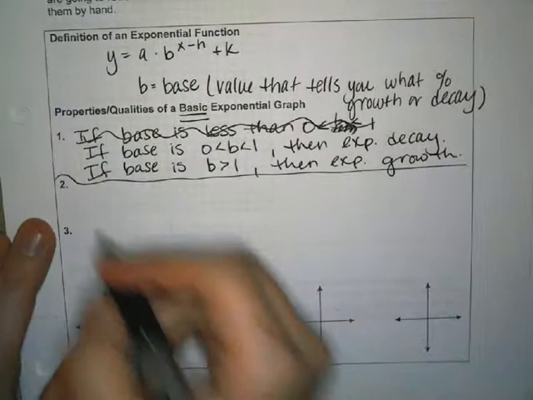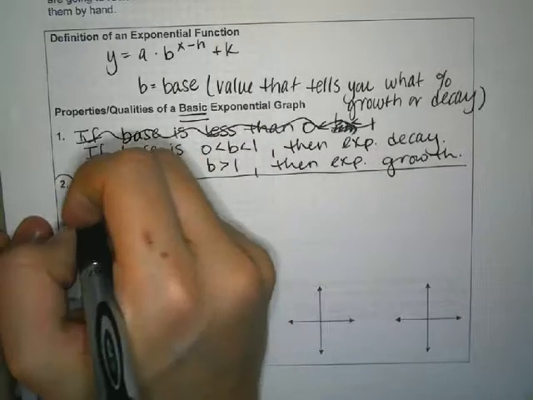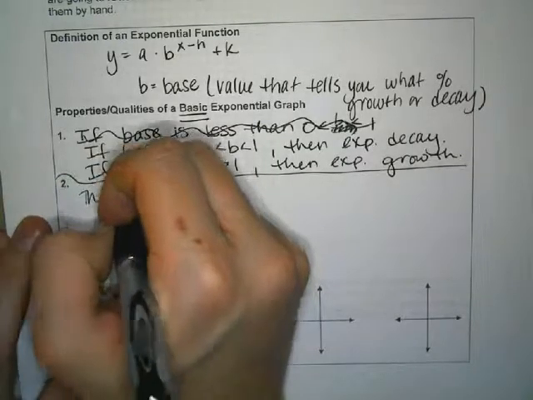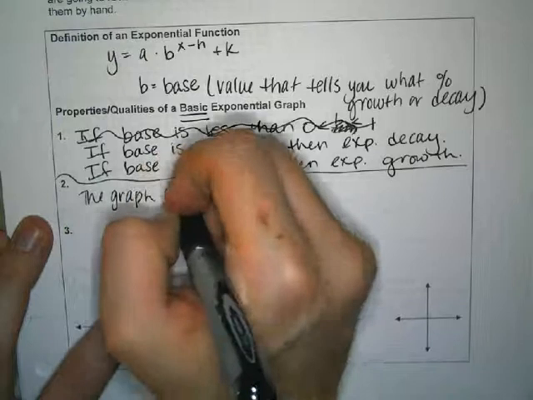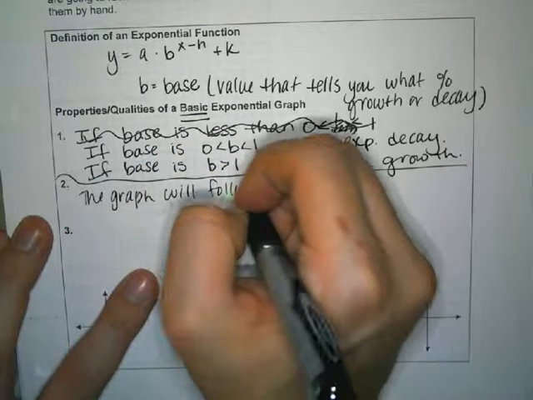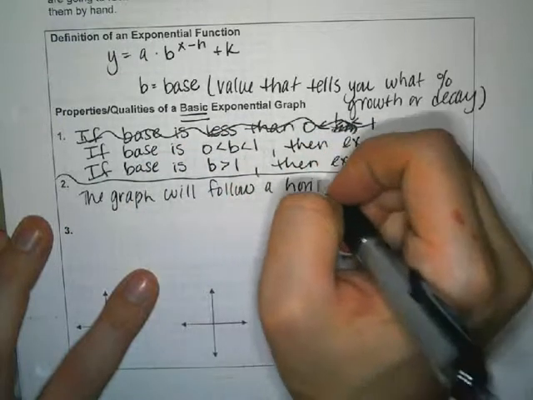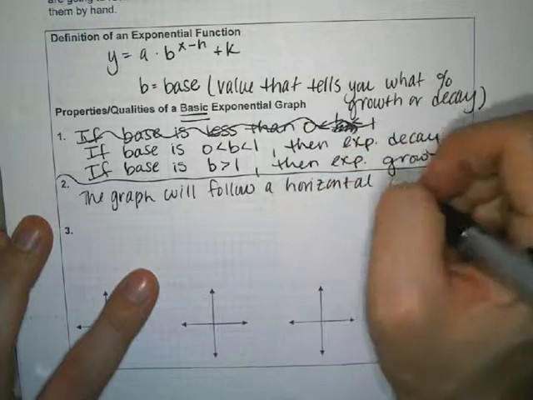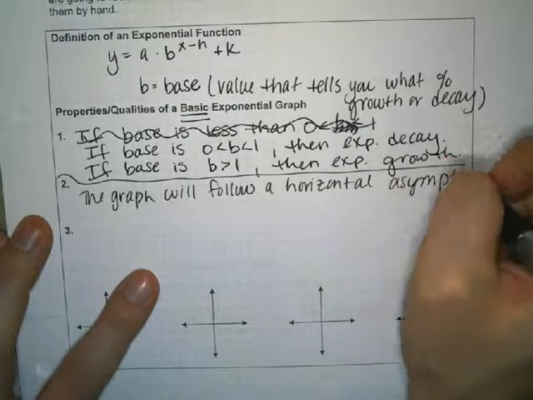Okay, the second thing is that the graph will follow a horizontal asymptote.